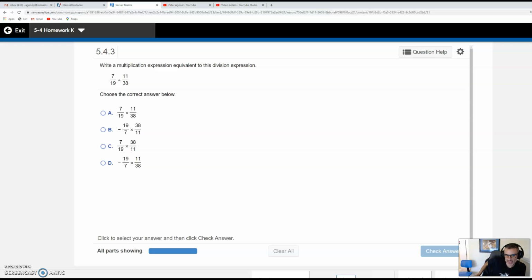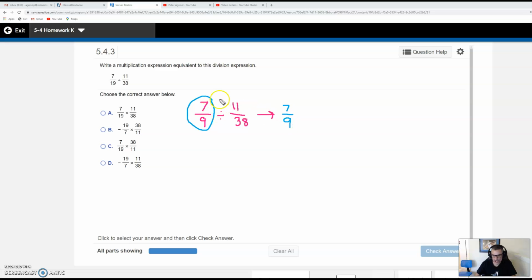Okay, so it says write a multiplication expression equivalent to this division expression. So what they're trying to get us to do here is they're refreshing our memories that when it says 7/9 divided by 11/38, so I have 7/9 divided by 11/38, well, this is the same thing as multiplying by the reciprocal. So I keep the first fraction, so that's going to stay 7/9.